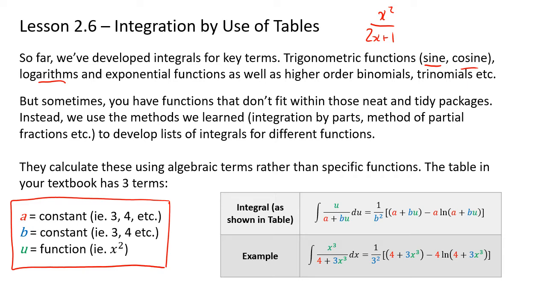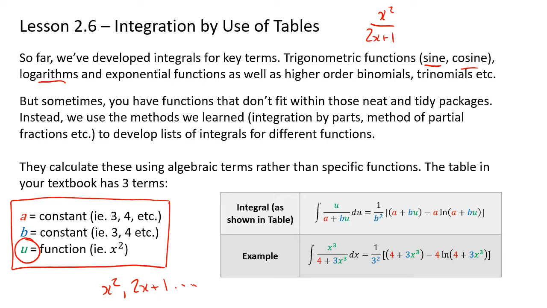Not all of them have b within them, some of them do, some of them do not, but they're both constants, a and b. And then the function, whether it's x squared or 2x plus 1 and so on, is listed as u.